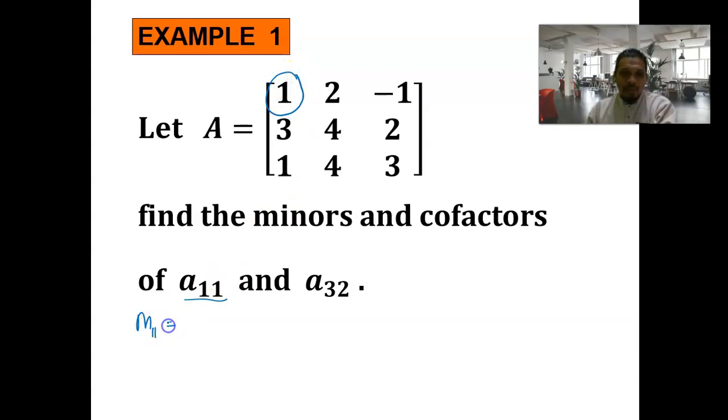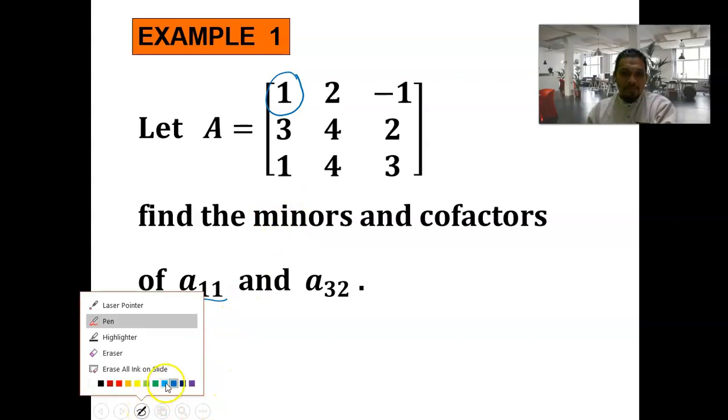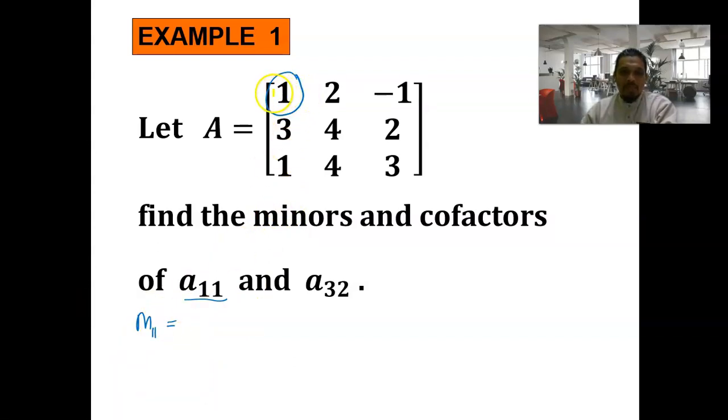So minor of 1, 1: we hide the elements in row 1 and column 1. What you can see here now is 4, 2, 4, 3. So 4 times 3 equals 12, minus 2 times 4 equals 8. So 12 minus 8 equals 4.